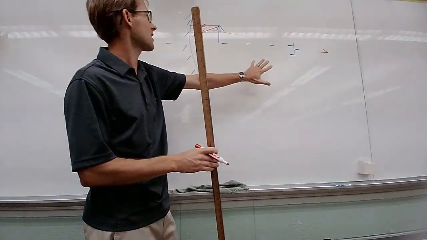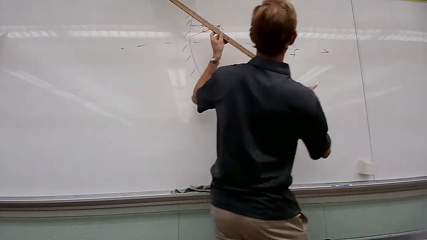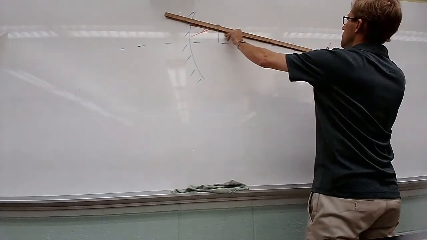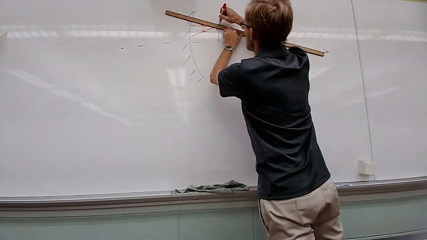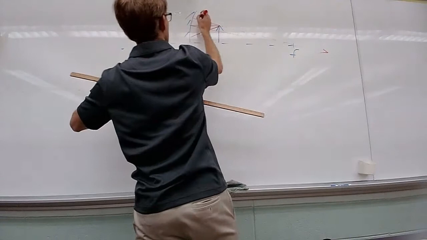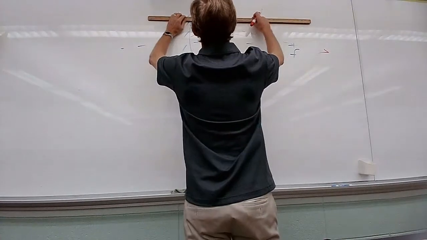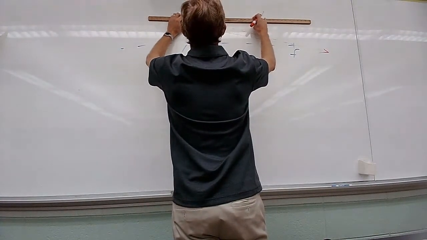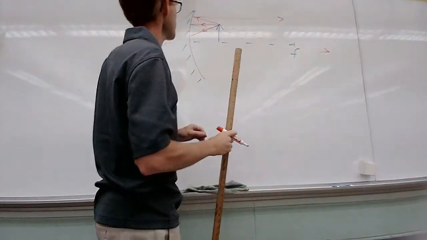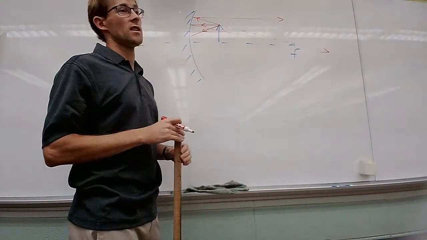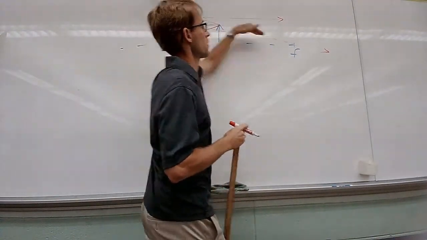So when we can't do that, when the object is in front of the focal point, what we have to do is line up a light ray as though it came from the focal point. That light ray hits the mirror, and that's the one that comes out parallel. So we still have that relationship. Focal point, parallel, parallel, focal point.